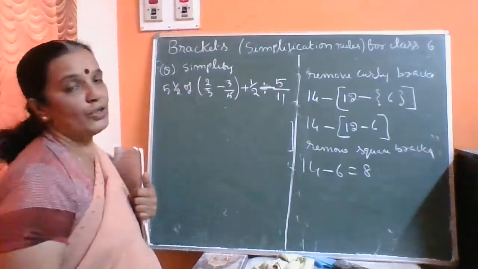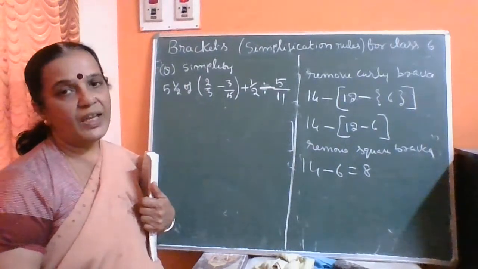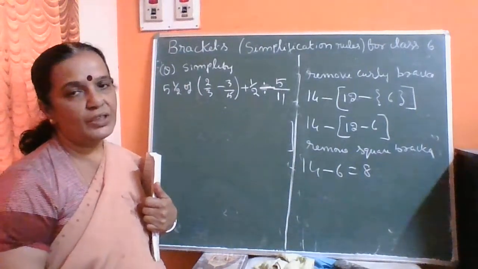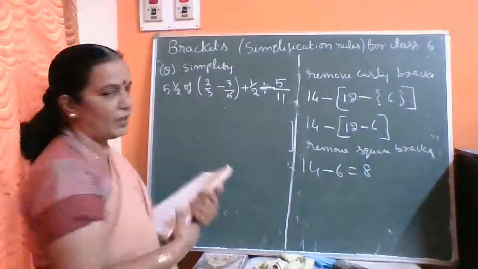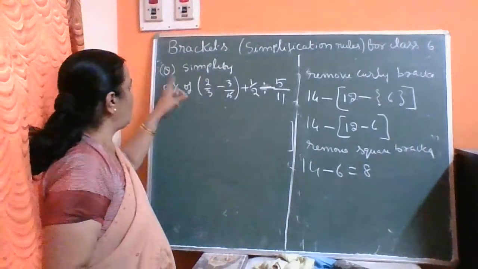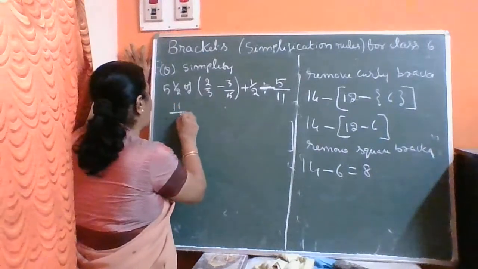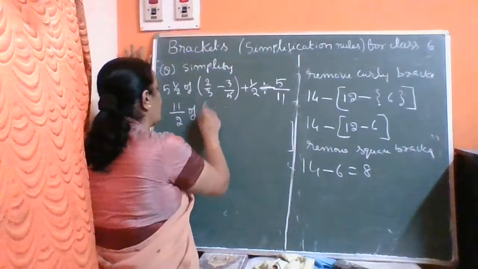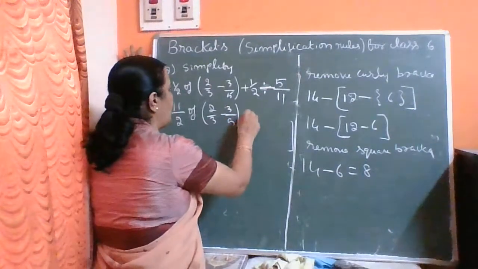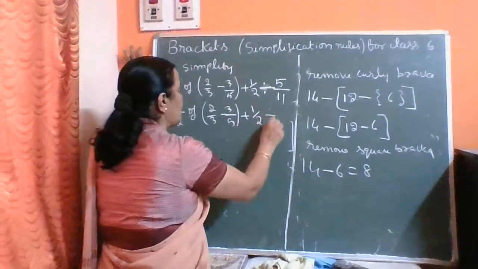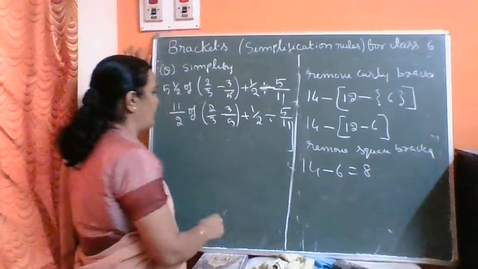First step is you have to convert always a mixed fraction into improper fraction. It is 5 2s are 10, plus 1, 11, 11 by 2 of 2 by 3 minus 3 by 5 half division sign 5 by 11.